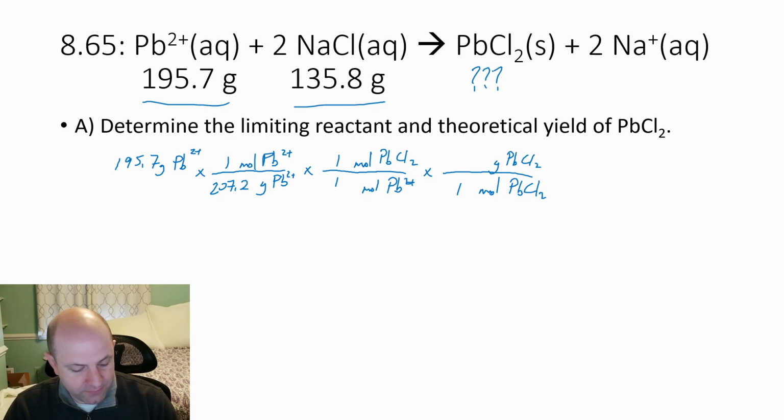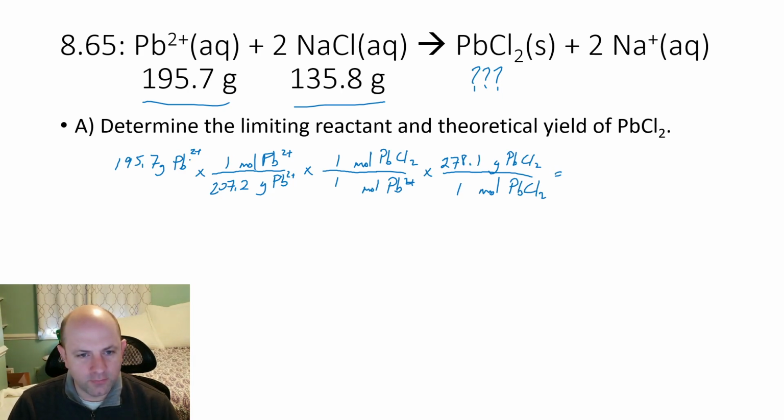It's 207.2 plus 35.45 for the chlorine, but there are two of them, so plus another 35.45, and you get 278.1. And that looks right.